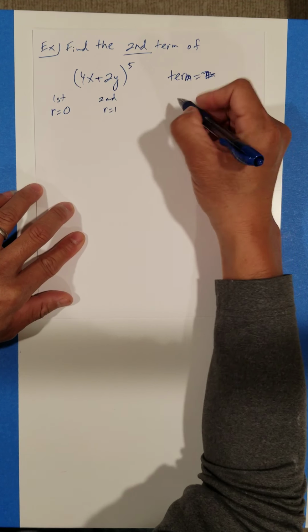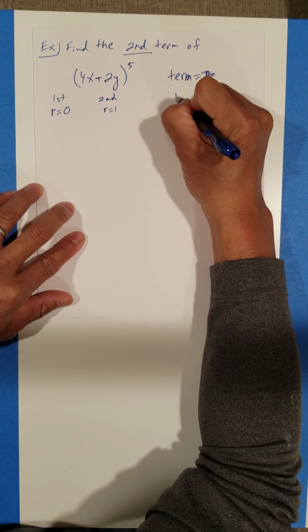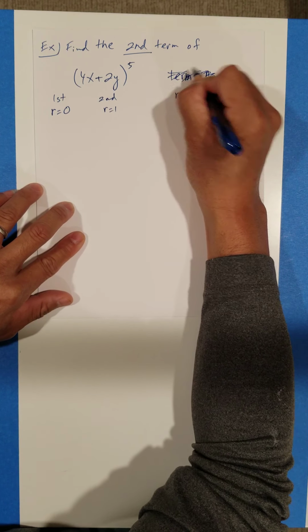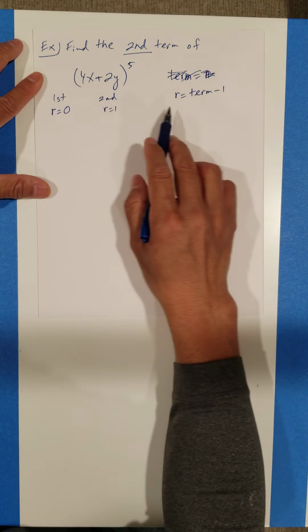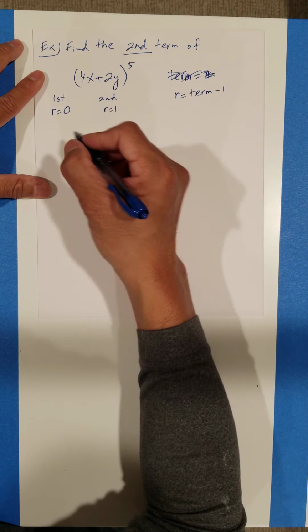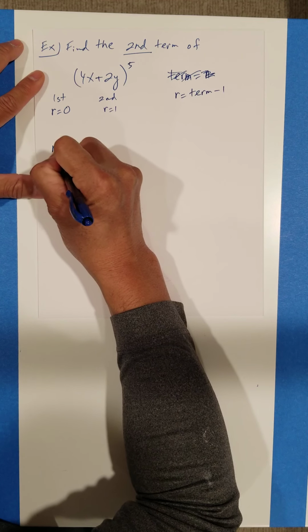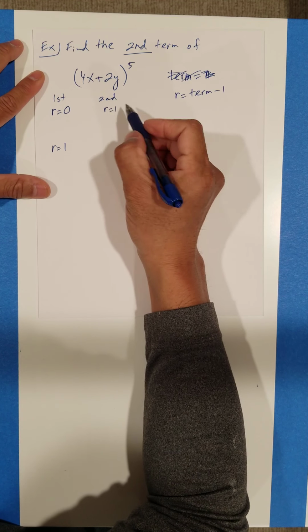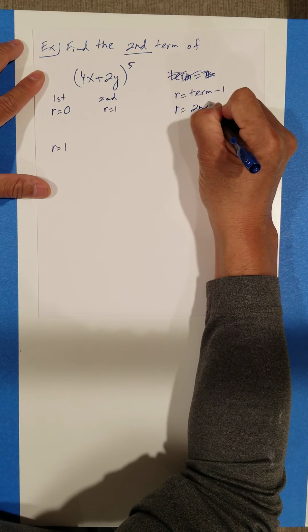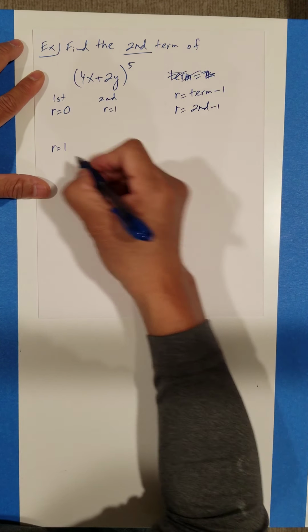So let me rewrite that. r equals term minus 1. So whatever term you want, r is going to be that number minus 1. So if I want the second term, then I'm going to let r equals 1. r equals second term minus 1. So 2 minus 1, 1.